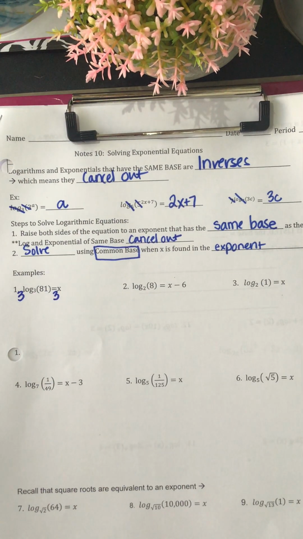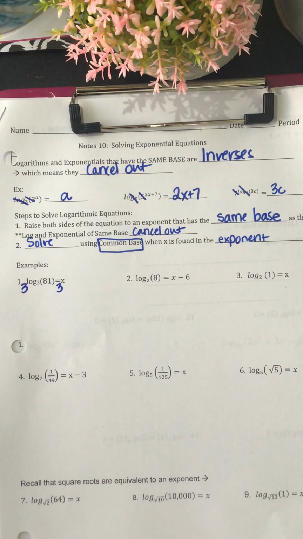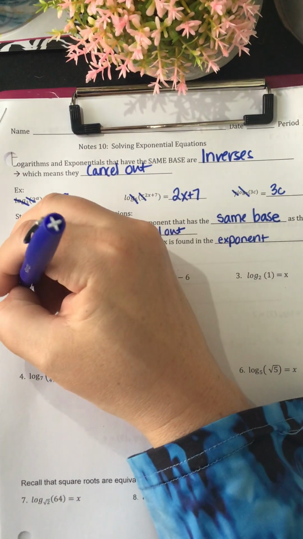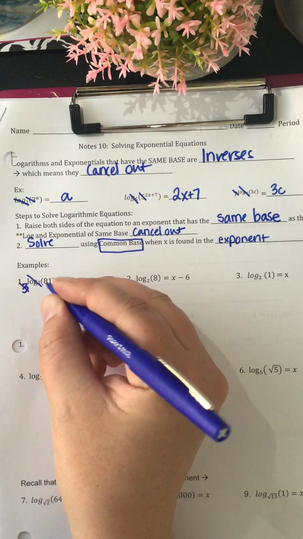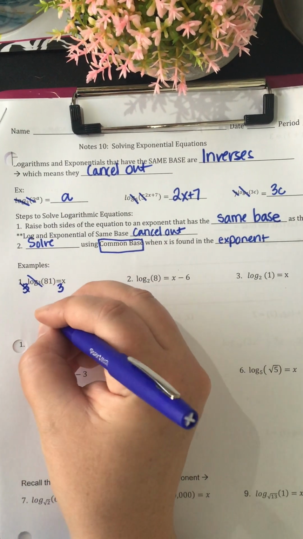And when you put a big 3 on a log little 3, you do have to do it on both sides, so put it on the x as well. They're going to cross out. So now you're just going to have what? 3 to the x over here and 81 over here.